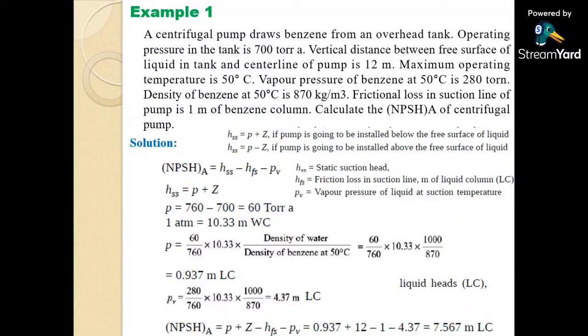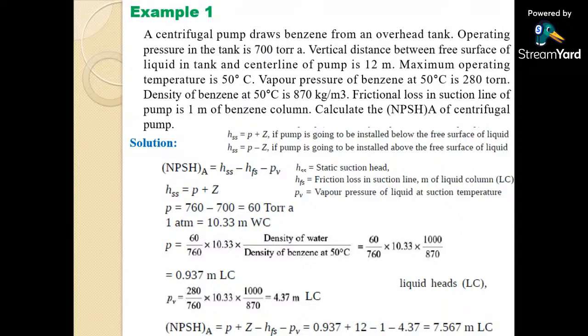Then the vapor pressure of the liquid, since it is a function of temperature, there is already a lot of data available for the vapor pressure of different commonly used liquids. Vapor pressure versus temperature data for different organic and inorganic liquids is available. You can search for this data in Perry's Chemical Engineers' Handbook.